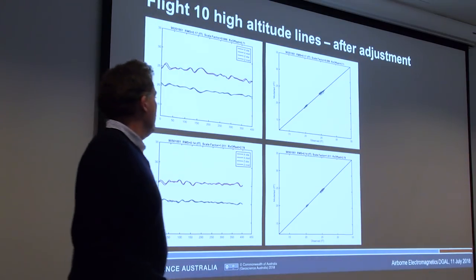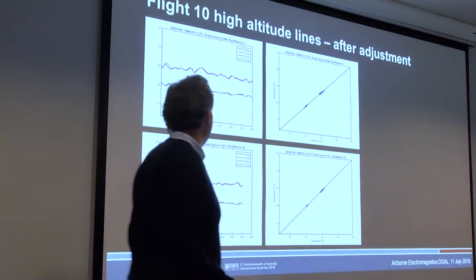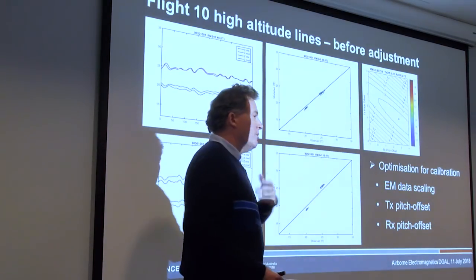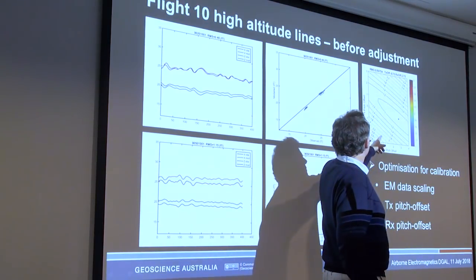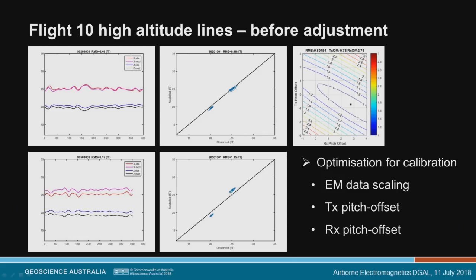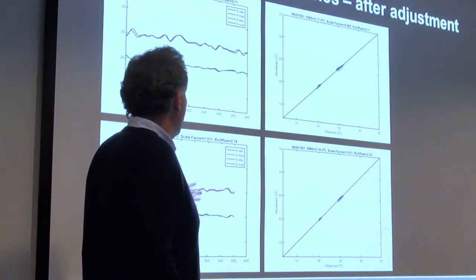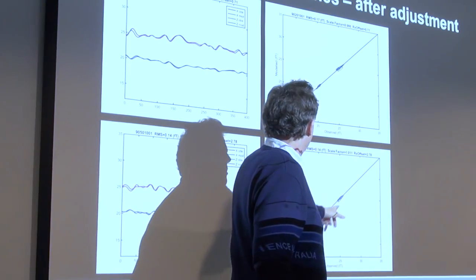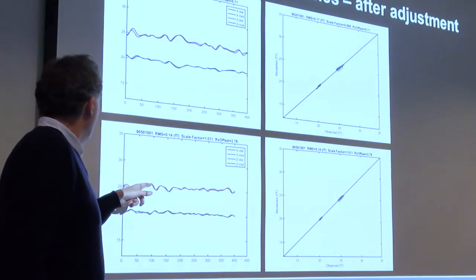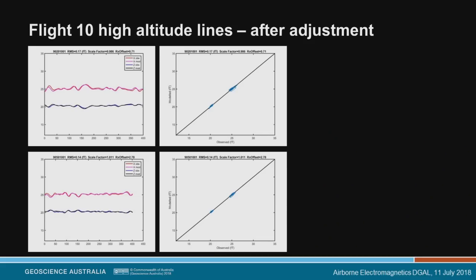So what we've done is we wrote some code to do some optimization, looking at all these different high altitude flights to find an optimal EM scaling factor and an offset for this receiver pitch data, just in a uniform search manner, and also another least squares optimization that showed that after we apply these calibration factors, we can get these data to lie on that line much better, and you'll see here that they fit quite a bit better.